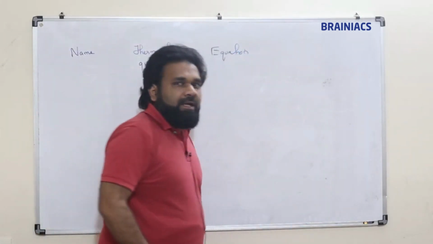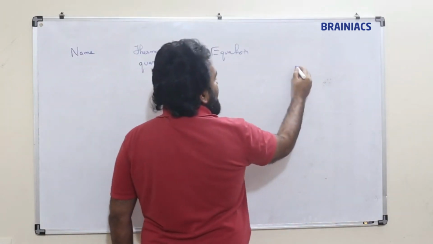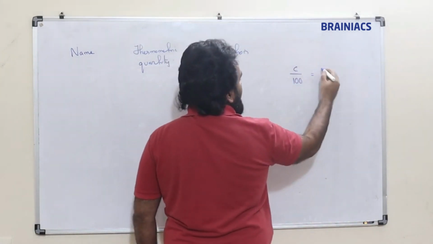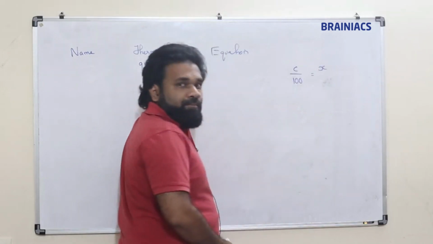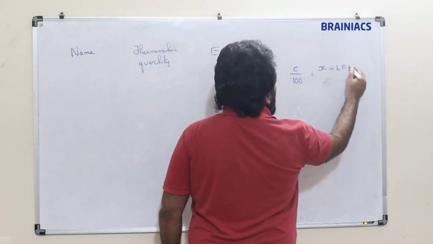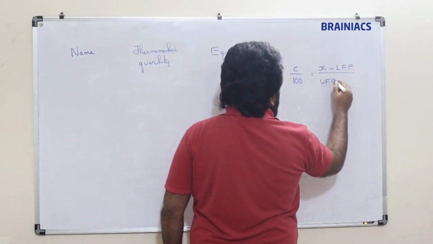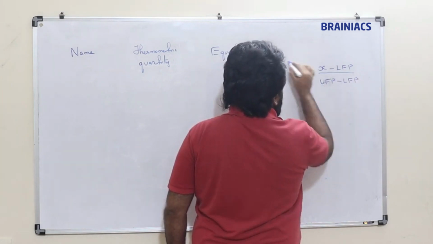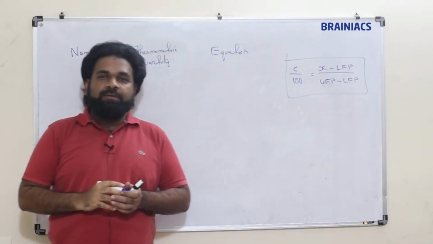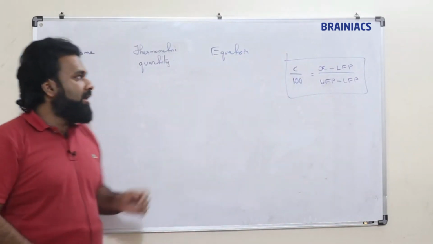And we have already seen how we have done Celsius and other conversions. C by 100 is equal to X minus lower fixed point, divided by upper fixed point minus lower fixed point, in any scale. This we have done already in Celsius conversion. The same pattern will come here also in the equations.